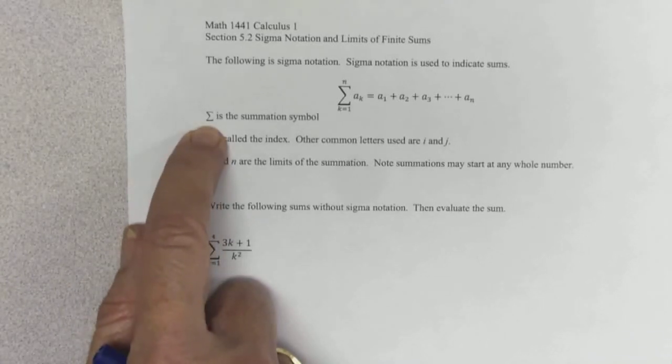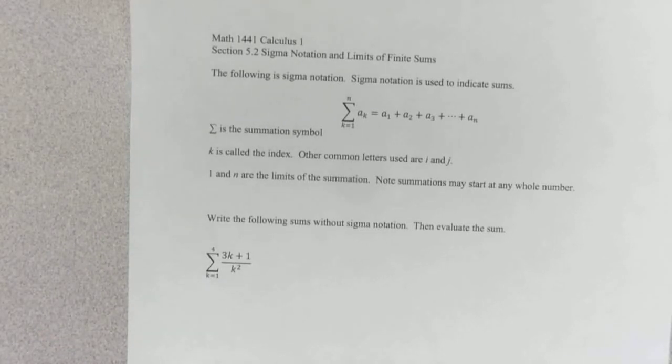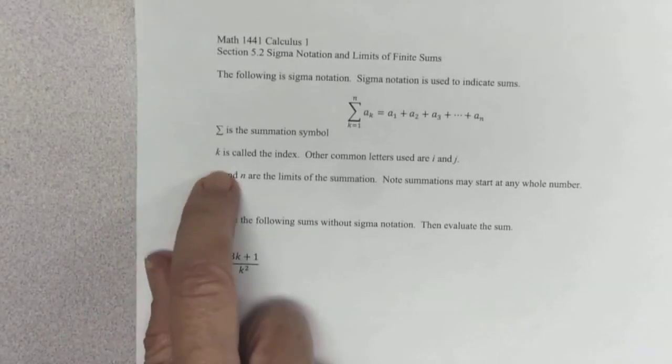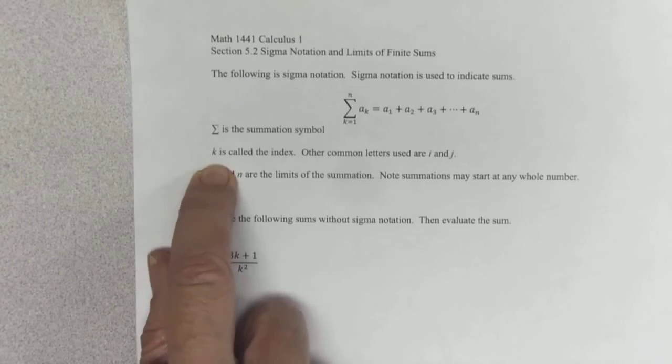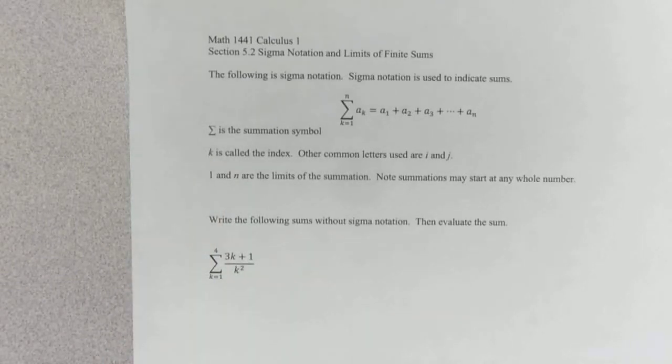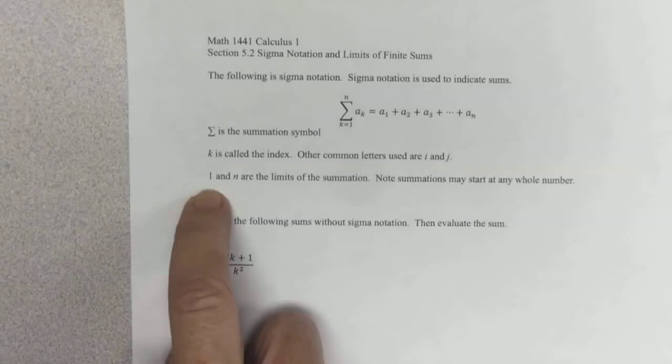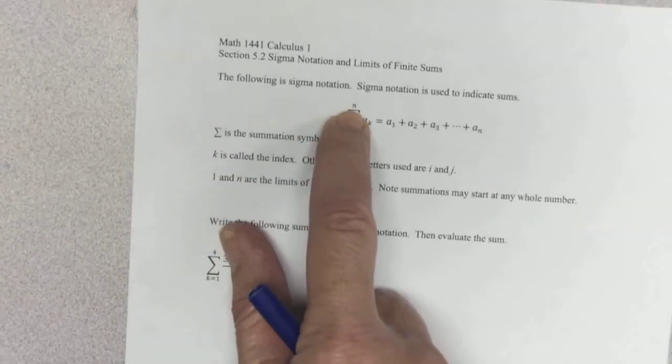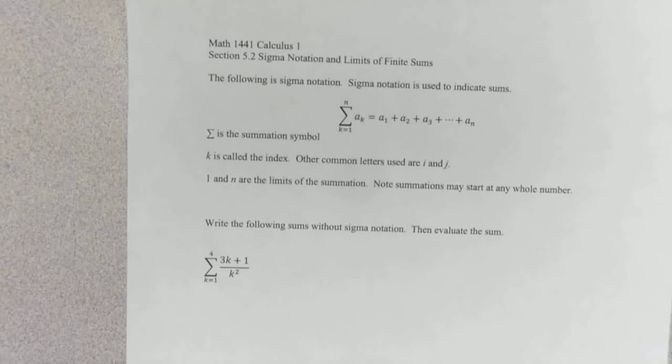The Greek letter sigma is the summation symbol, and it just indicates repeated addition. The k is called the index. Other common letters used for the index are i and j. The 1 at the bottom and the n at the top are the limits of the summation. Note, summations may start at any whole number.